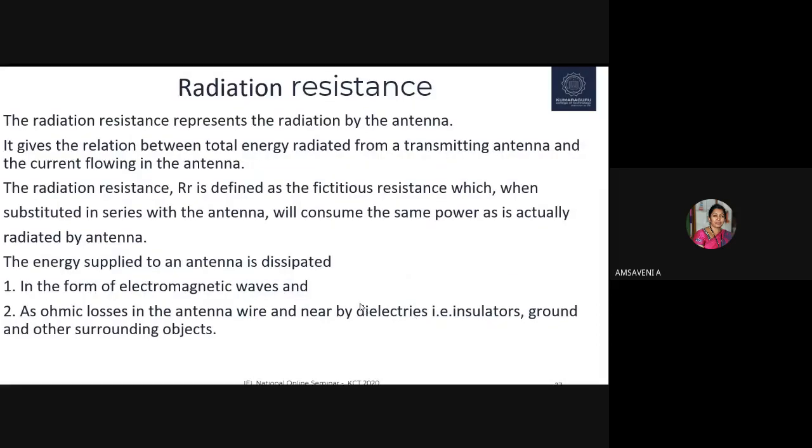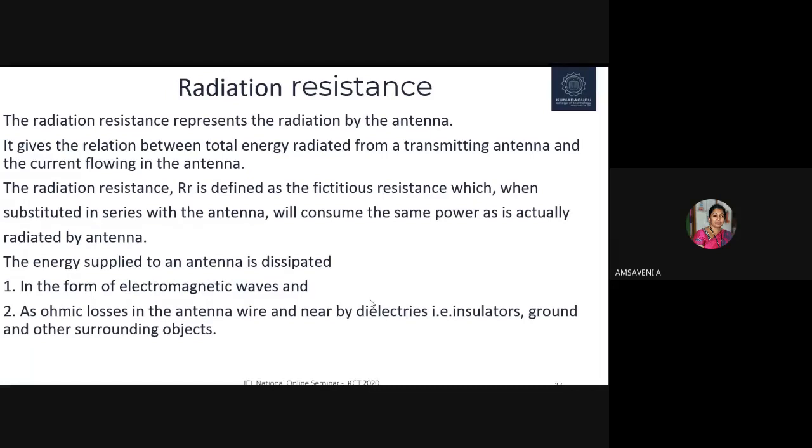And this is radiation resistance. Radiation resistance represents the radiation by an antenna, and it gives the relationship between total energy radiated from the transmitting antenna and the current flowing through the antenna. That is, total power radiated is I squared R_R, where R_R is the radiation resistance and I is the current flowing through the antenna.